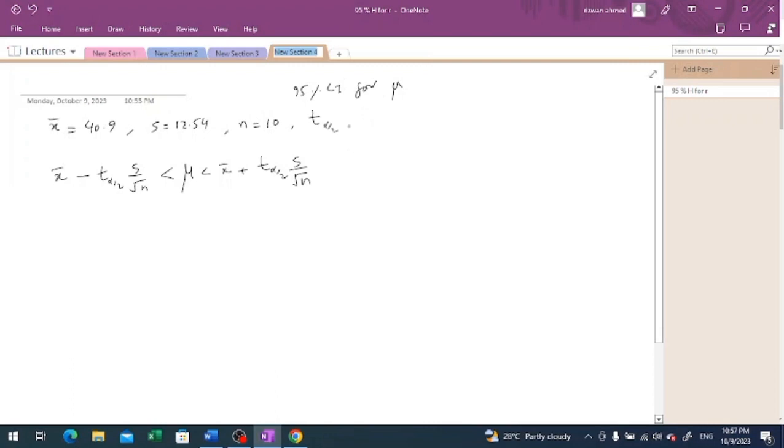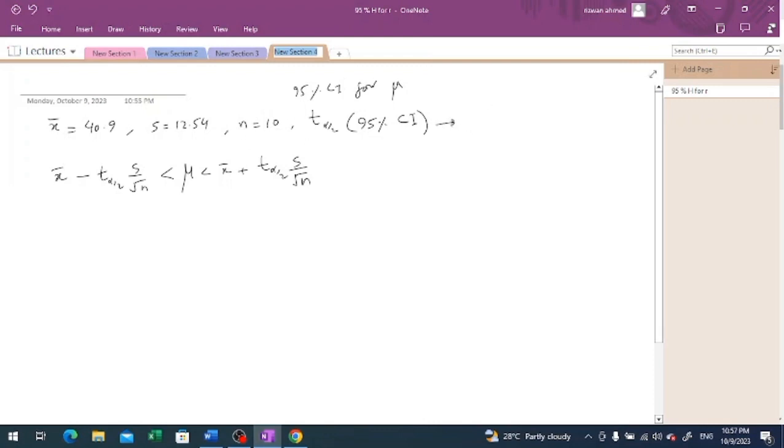And for this purpose, we need to obtain from T table the T value corresponding to 95% CI for the degrees of freedom of 10.